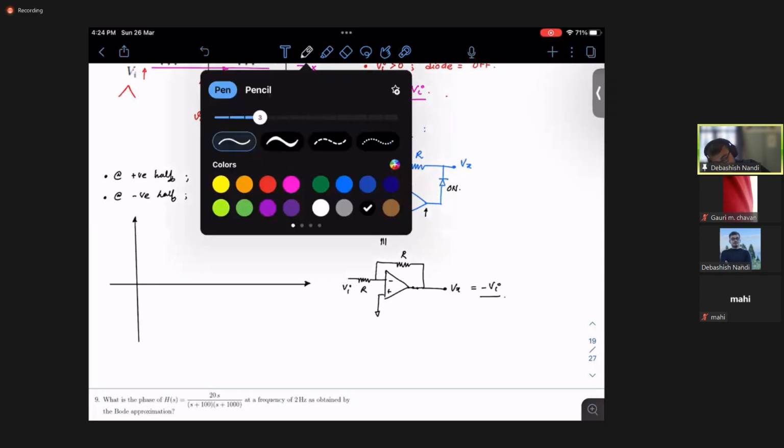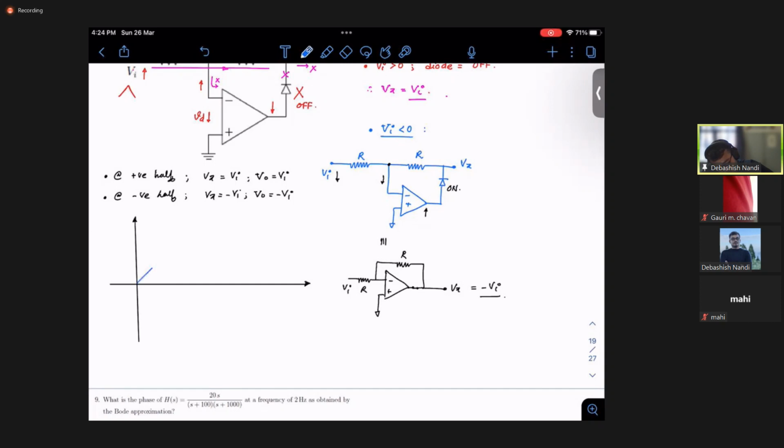Let's say this was your input. So how will your output look like? Your output will be positive cycle, it will just simply follow, and negative cycle, it will simply invert, right? So it acts like a full wave rectifier.